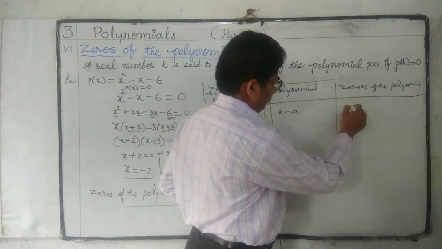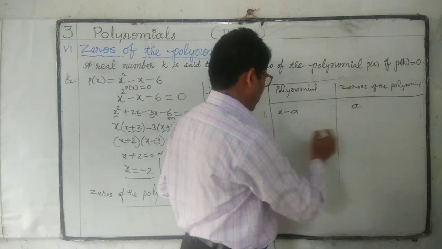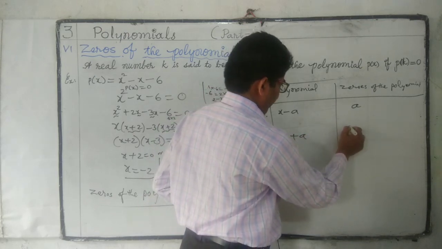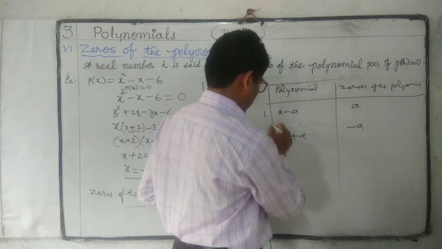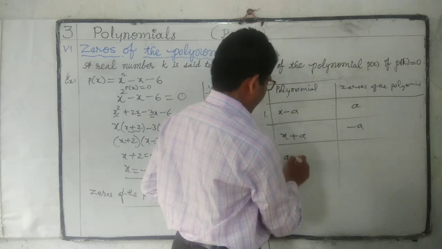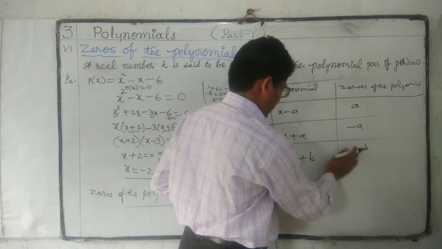It has 1 zero, a. For the polynomial ax plus b, the zero is minus b by a.